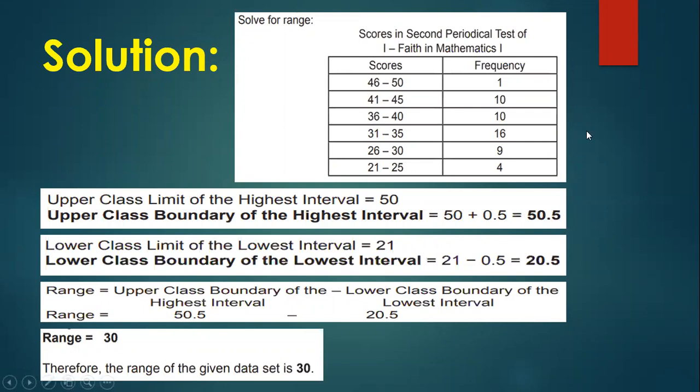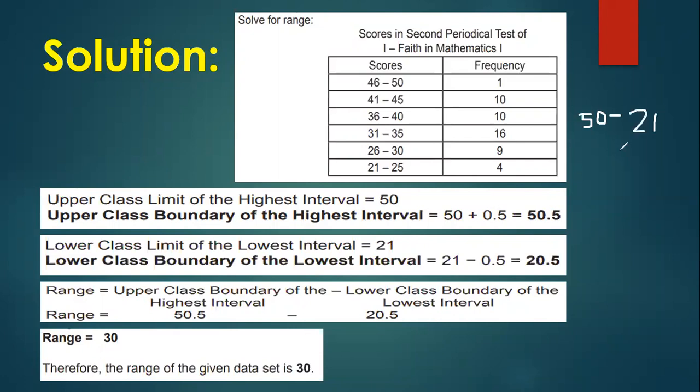Another technique. To find the range of grouped data, you look to the upper class limit of the highest interval, that is 50 here, right? Then minus the lower class limit of the lowest interval, that is 21.